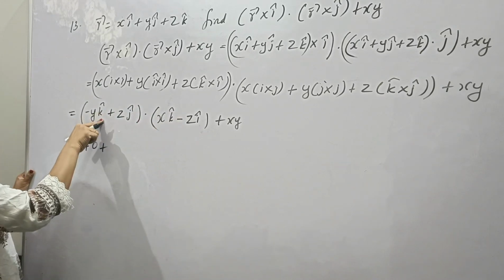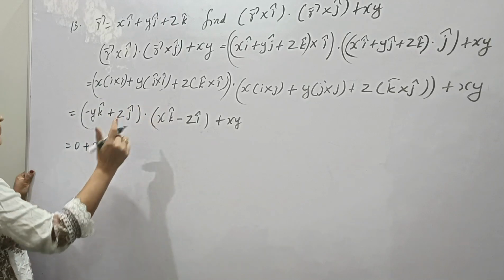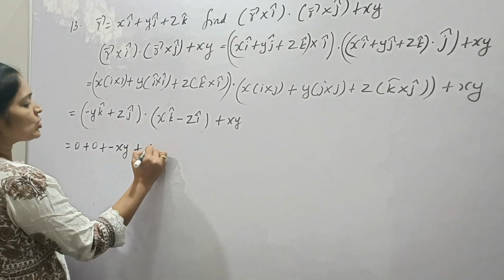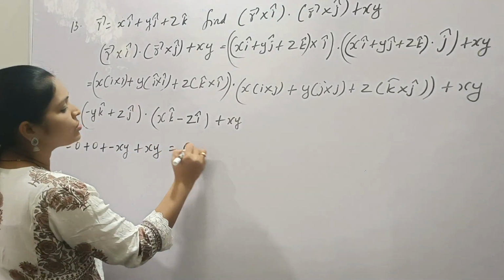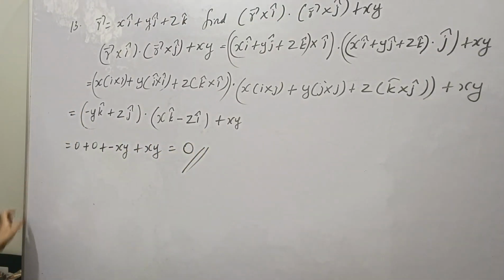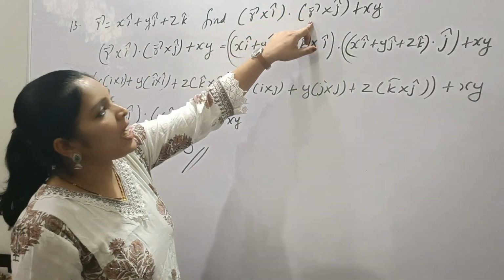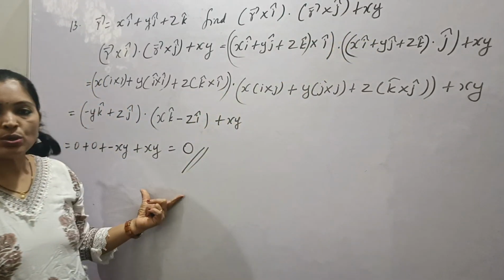Plus next, k coefficient: minus y into x, that is minus xy, plus xy. Minus xy plus xy is equal to 0. Therefore vector r cross vector i dot vector r cross j is equal to 0.